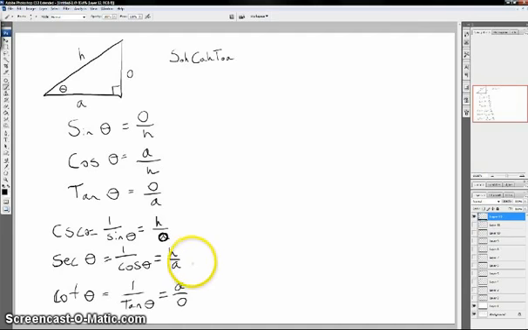The next thing that we're going to talk about is the unit circle. So I've got a unit circle right here. Basically what the unit circle tells you is the value of either sine or cosine based on the angle. I've got this available for you at vast.ecollege.com to download and print out if you want.